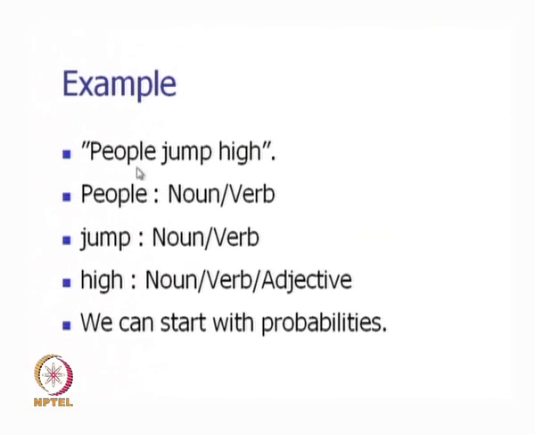If the program is working correctly, it should get the label noun, verb and adverb. Actually, high can be an adverb also, okay, noun, verb and adverb. However, each word has multiple part of speech tags, and we will choose that tag sequence which has the highest probability. This is where we have a probabilistic approach. So, noun, verb, adverb tag will be the highest probability tag here.